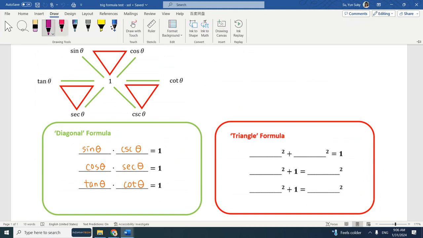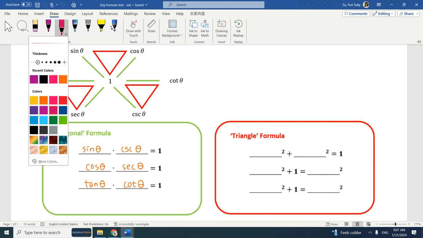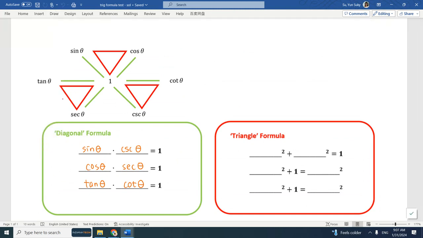The rule is A, B, C: A squared plus B squared equals C squared. In this upside down triangle, the sum of the squares of the upper two vertices equals the square of the bottom vertex. That's the rule.